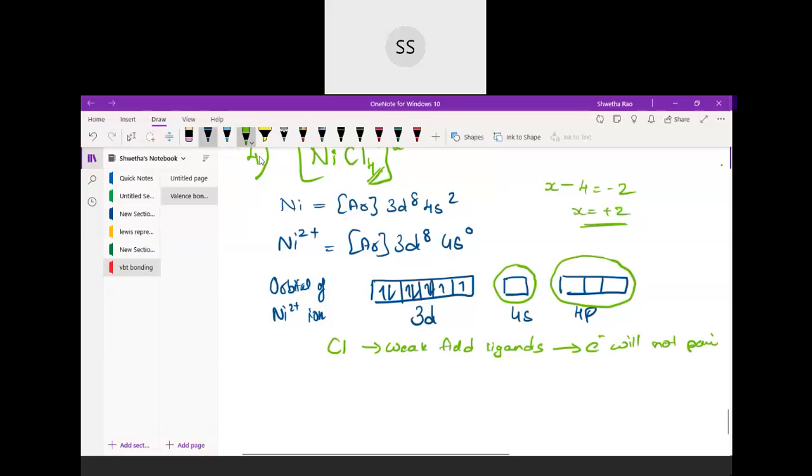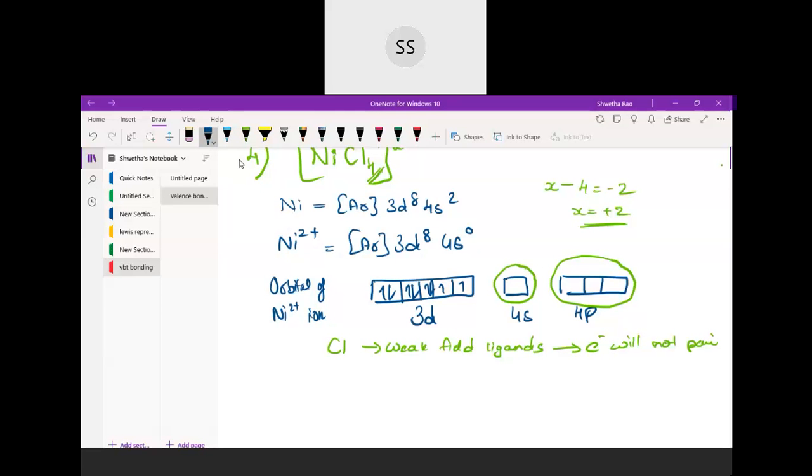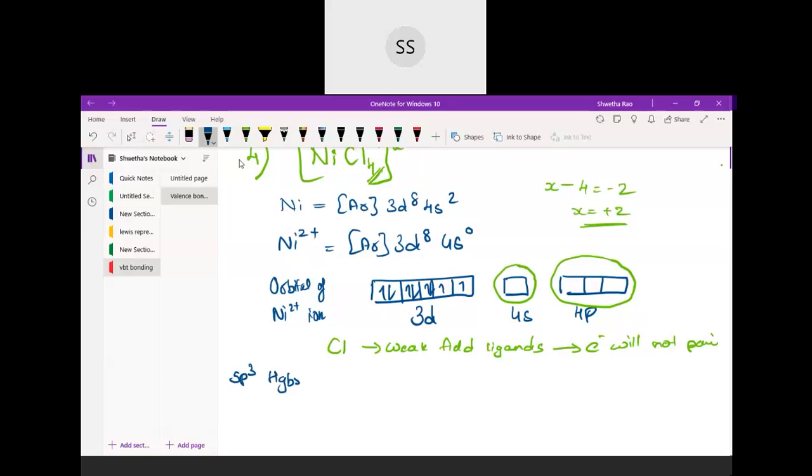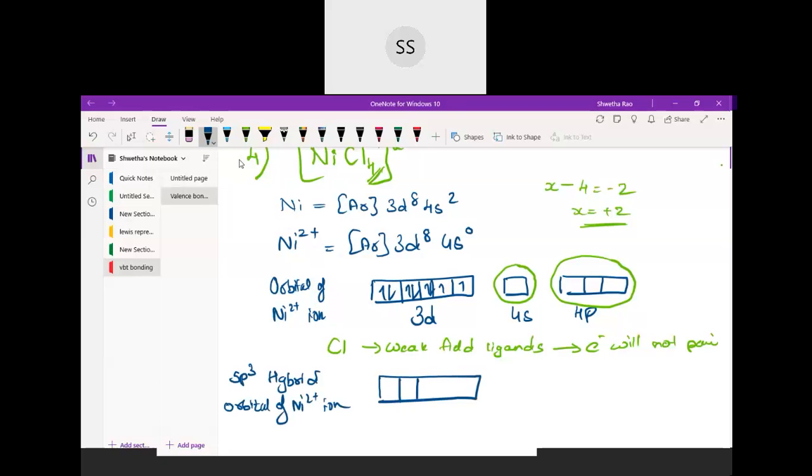I will directly write this one step which I used to write before, that you can skip, even in the exam. What you can write here is that these are undergoing hybridization, so you can write sp3 hybrid orbitals of Ni2+ ion. The 3d you keep as it is because they are not taking part.